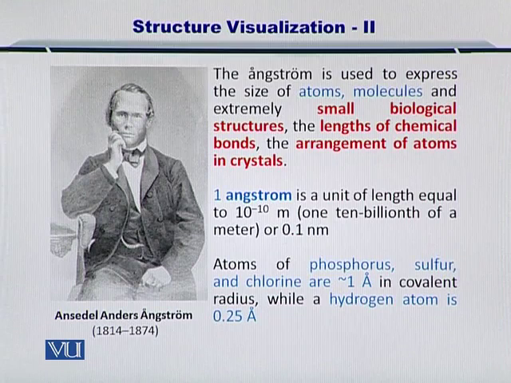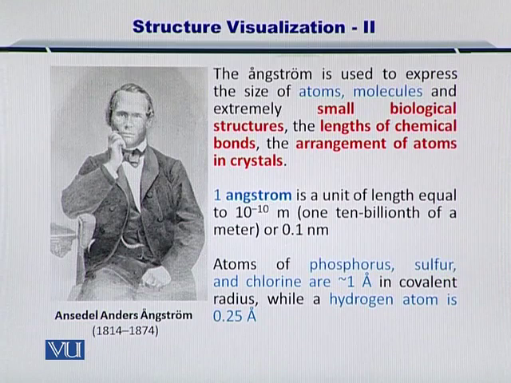Angstrom is used to not only measure the distances between atoms, but also molecules, small biological structures, and the length of chemical bonds. Simply, 1 angstrom is about 0.1 nanometer or 1/10 of a nanometer.